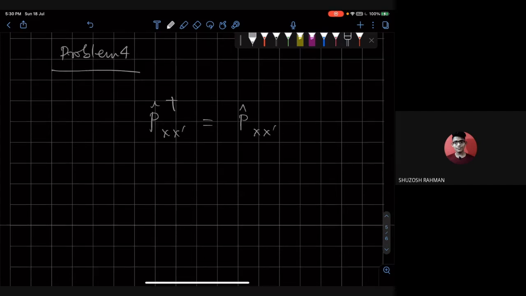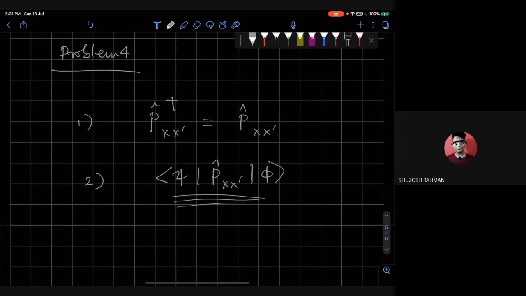And then you have to show that it's self-adjoint by taking psi, Pxx prime and phi, and making sure that this thing is also self-adjoint, right? So there you have to use the fact that psi and phi are functions which are square integrable, okay?